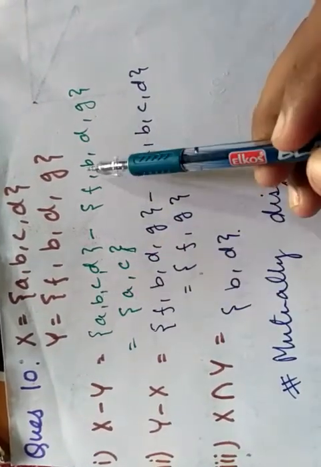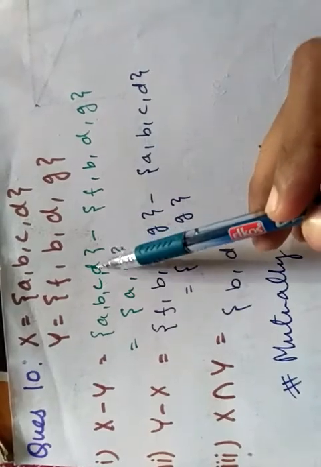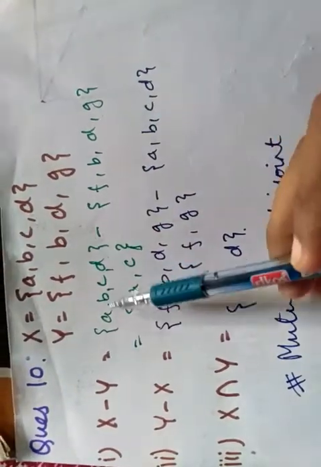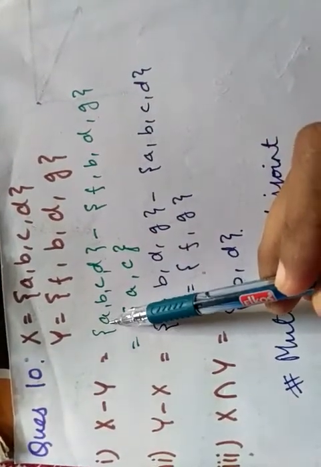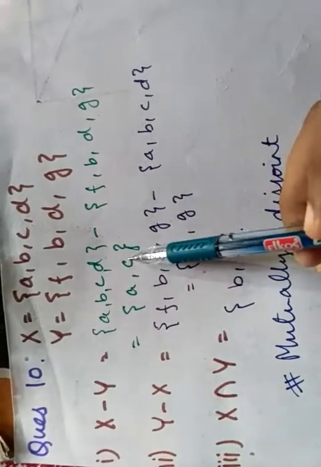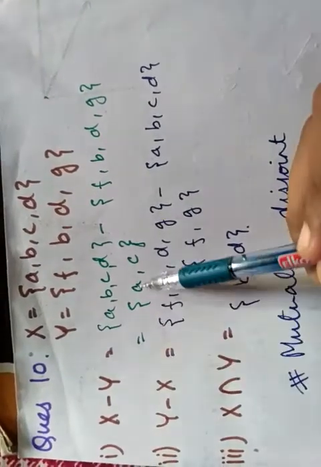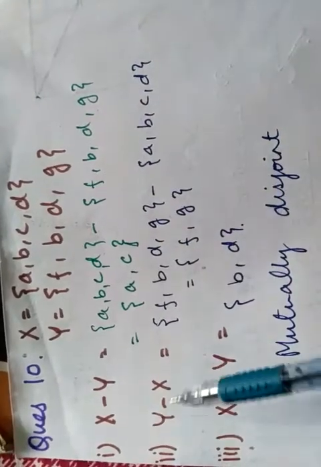The common terms are B and D. So they will be removed, and the only elements left in X are A and C. So X minus Y is equal to A and C. Only two elements are there.